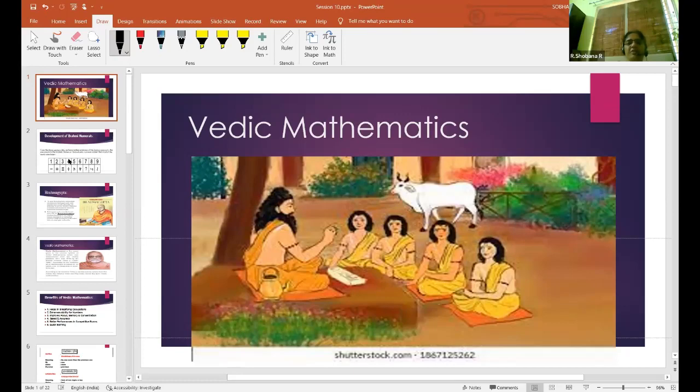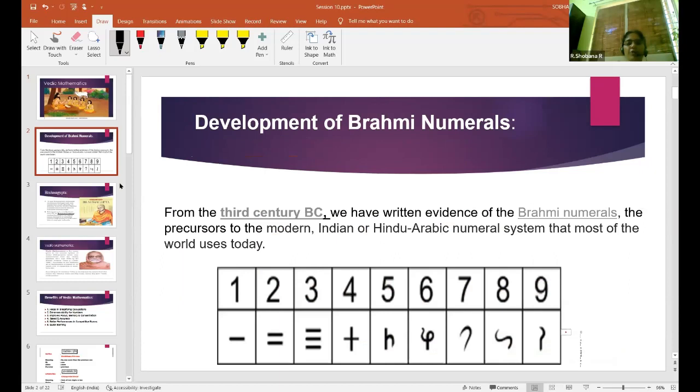So welcome, teachers, to this session of Vedic mathematics. As math teachers, we must be very proud of our rich culture, which was very strong in mathematics. We always look up to the West for everything, and even teach students, for example, that the Greeks or the Romans discovered that the earth was round.